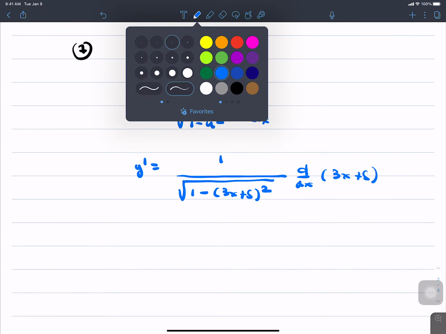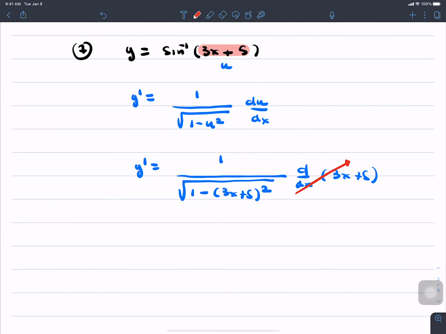And that's going to be 3. So we get 3 over the square root of 1 minus 3x plus 5 squared.